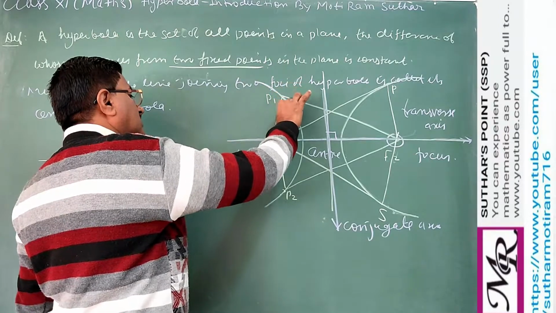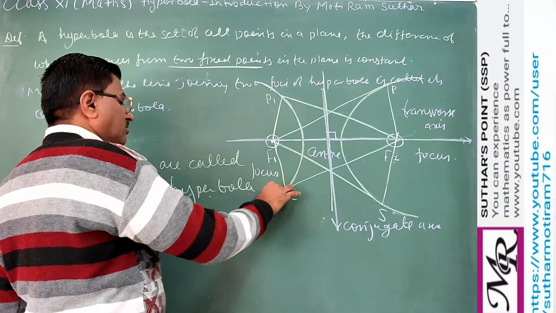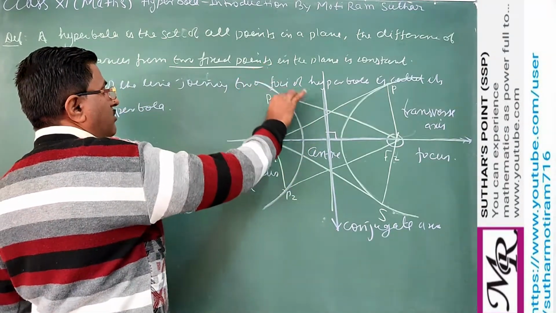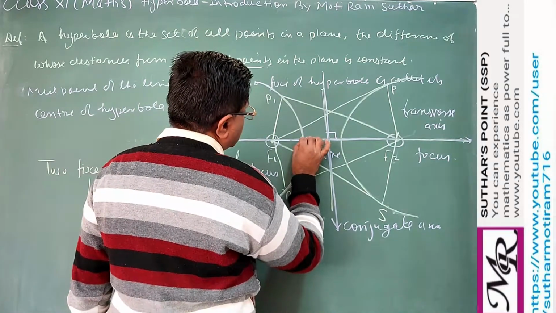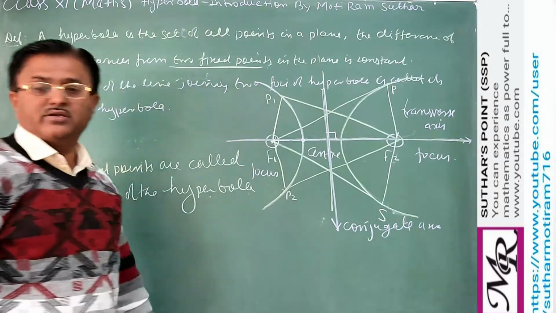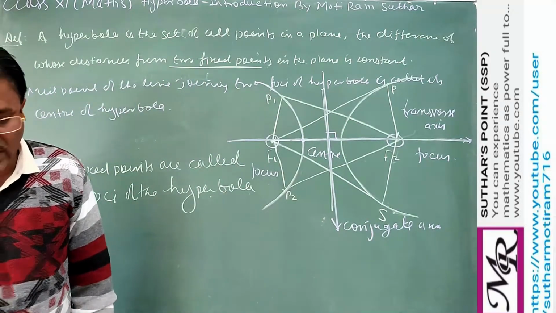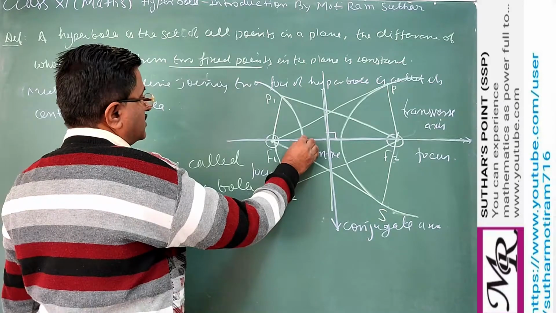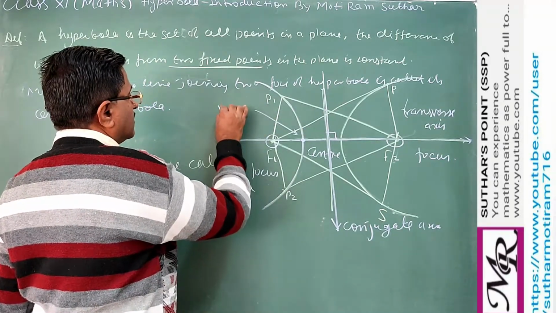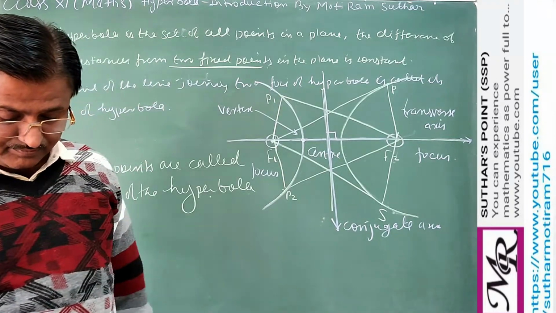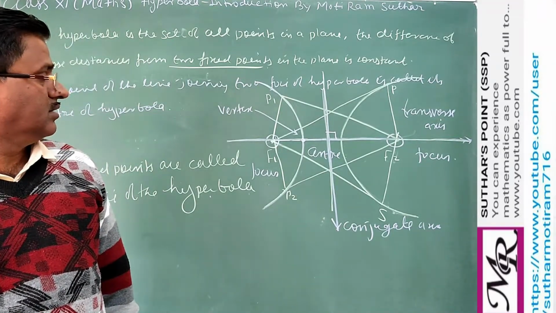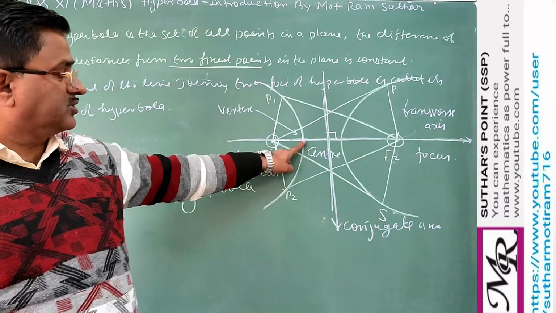This is the hyperbolic curve. This curve and the transverse axis intersect at a point, and that is known as a vertex. So this is the vertex of a hyperbola. Which point? This point.